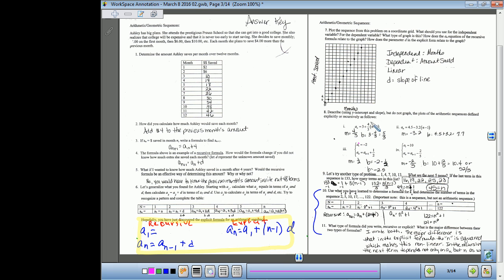Now on these, did you tie into the fact that your common difference here ends up being your slope? Okay? The common difference is the slope. Now, normally we have it times n minus 1, so this is good. And so when we plug in, we can get our first term pretty easy. Our first term is not going to be the same as the y-intercept, though, is it?